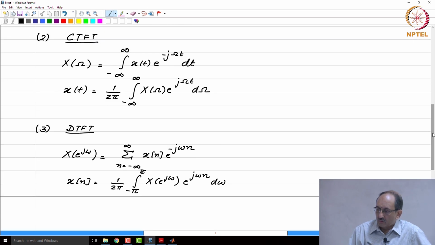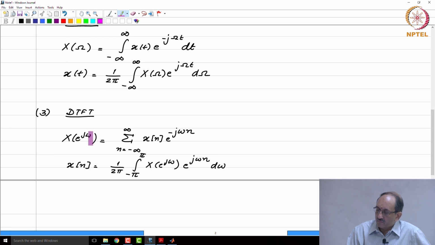When we encountered this, we made the remark that the DTFT is nothing new, it is really the continuous time Fourier series in disguise, except that this Fourier representation is applied to a 2 pi periodic function, namely the DTFT. Therefore, whatever objections we had to the CTFS in terms of machine representation apply to this.